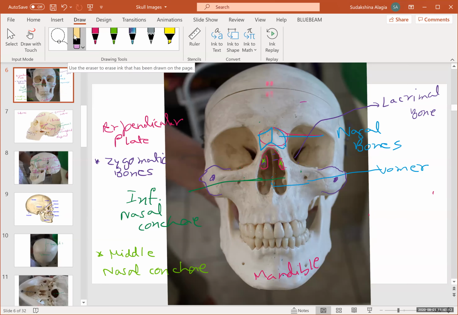So now let's look at what we can see here for the maxilla. Maxilla and mandible, I'll cover those two. First, for the maxillary bones, I'll take care of the palatine bone and palatine process last.